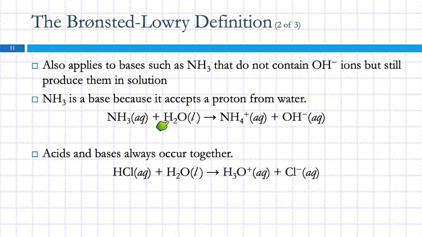The water molecule can give a proton to it, and then we get ammonium ion and hydroxide ion. And what we understand from this definition is that acids and bases always occur together because there's a proton donor and a proton acceptor. You can't have one without the other.